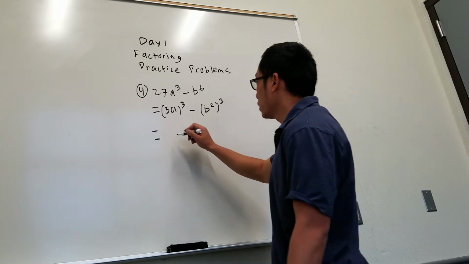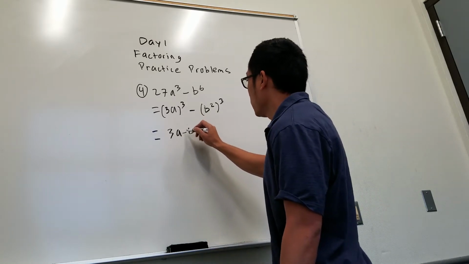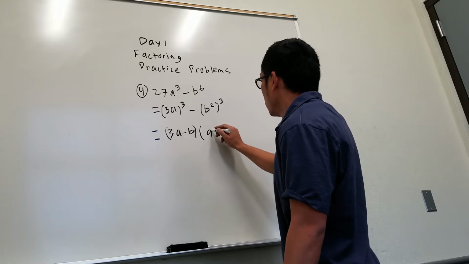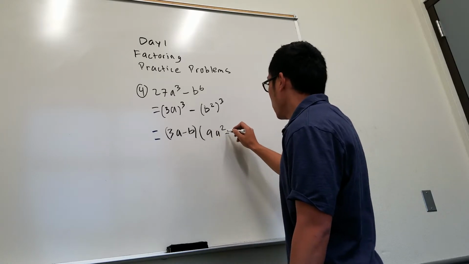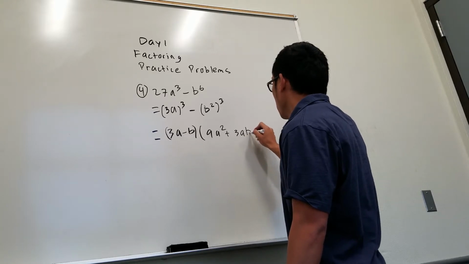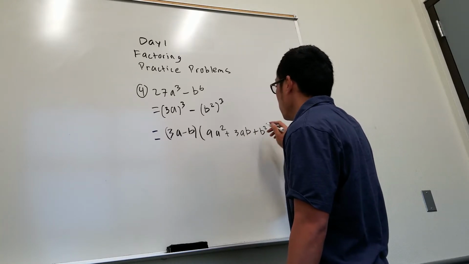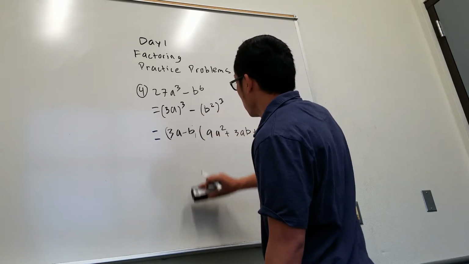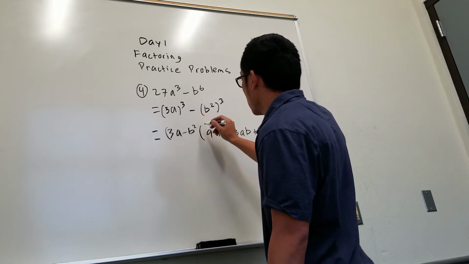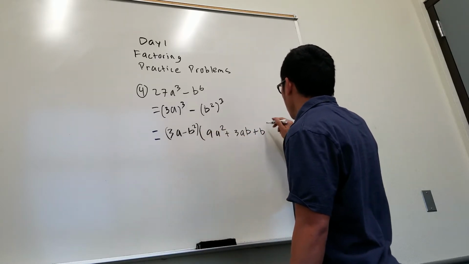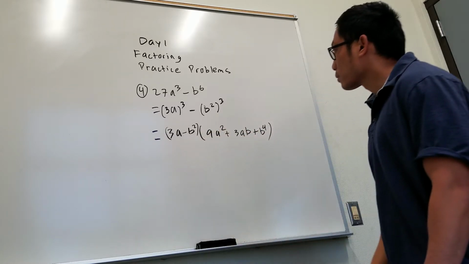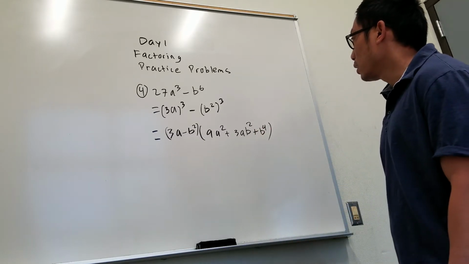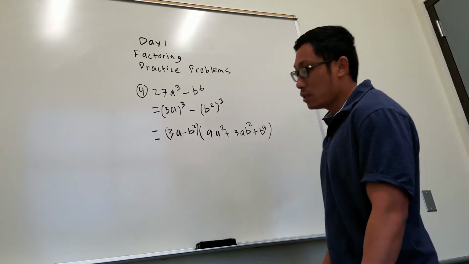When I do that, you're going to get 3a minus b, then you have 9a squared plus 3ab squared, this is to the 4th, right? And this is b squared. There you go.